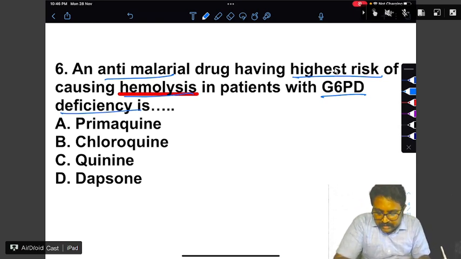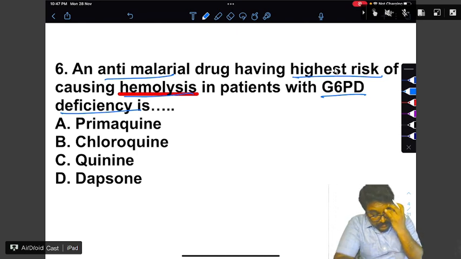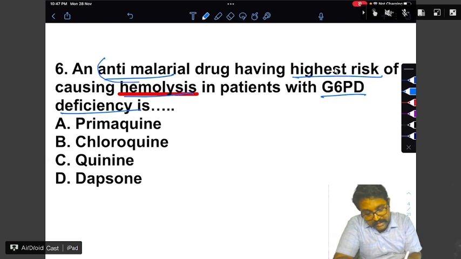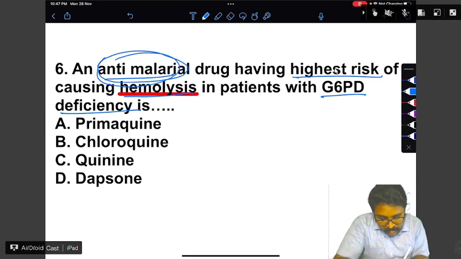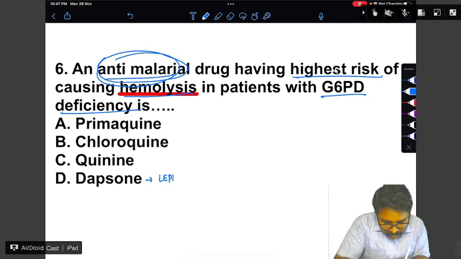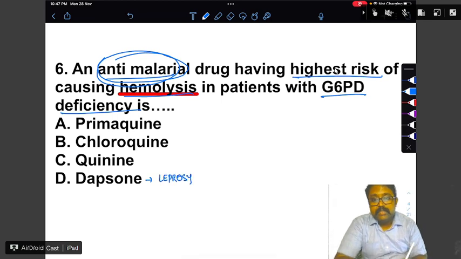Usually, all of the options provided for this question can cause hemolysis in patients with G6PD deficiency. But here the clue is they're asking about the antimalarial drug. Dapsone is used mainly in leprosy, so this is ruled out.